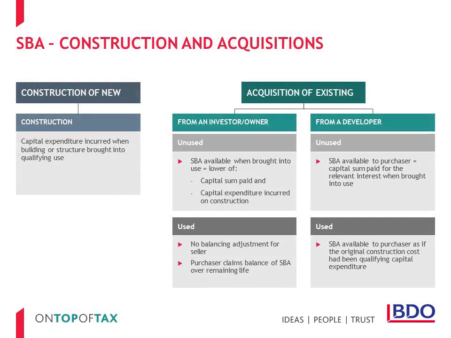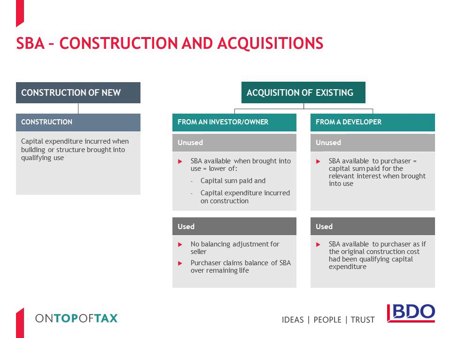Entitlement to claim the allowance will arise where a building or structure is constructed or acquired. It is necessary to consider the specific circumstances to determine the amount of qualifying expenditure that is available for the structures and buildings allowance. So, where an owner or an investor is constructing a new building, the qualifying expenditure is based on the capital expenditure incurred on that qualifying building or structure.